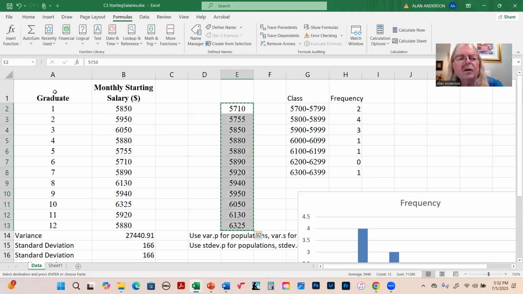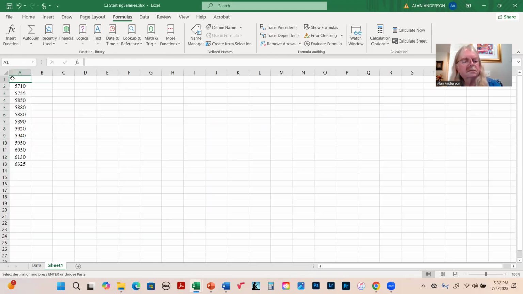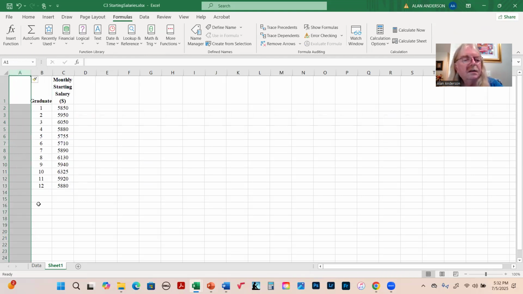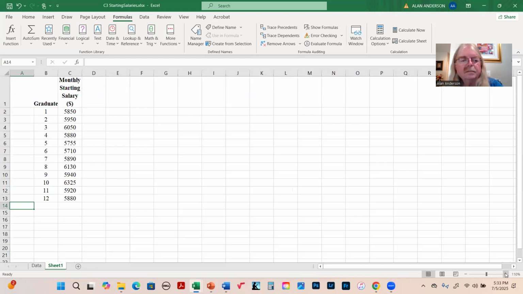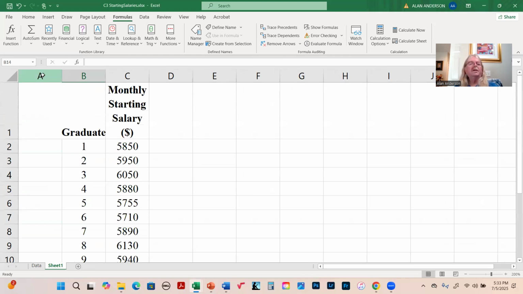It doesn't matter if it's sorted or not, by the way. We're going to find five things.